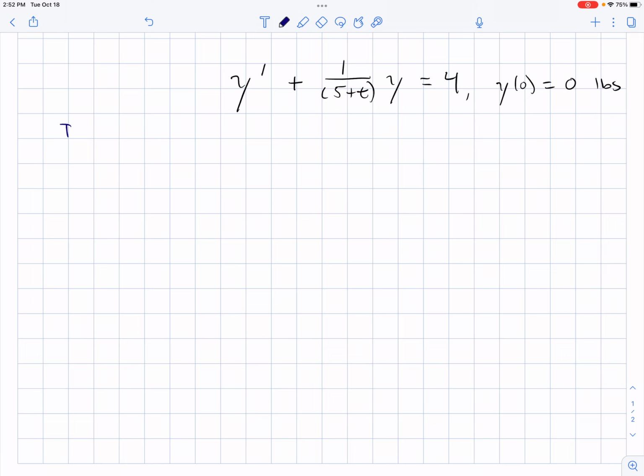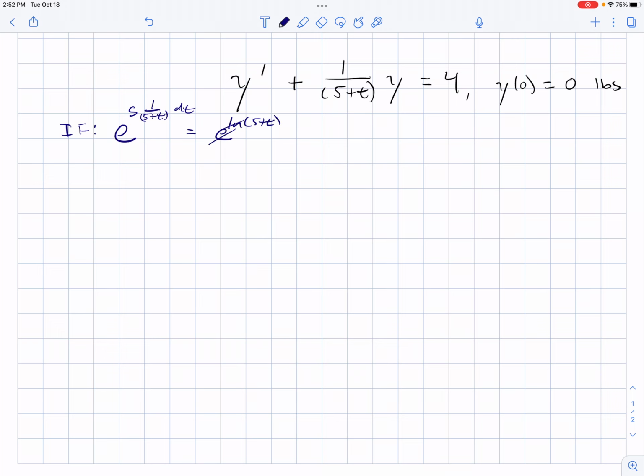Integrating factor, if you remember, you find it by getting a first order linear differential equation in this form where you have a function of t in front of the y variable, and you integrate that function, which in our case is 1 over 5 plus t dt, and that gives us e to the natural log of 5 plus t.